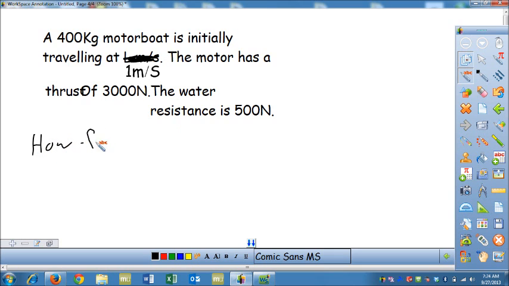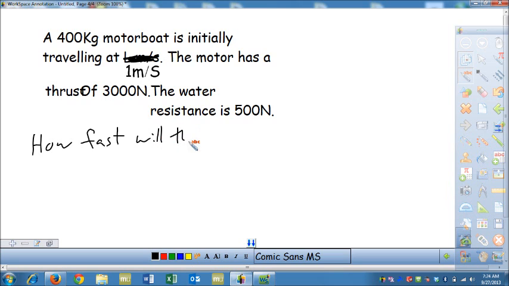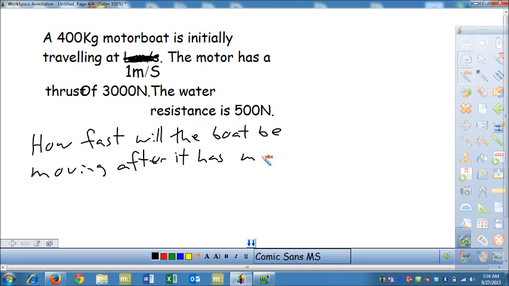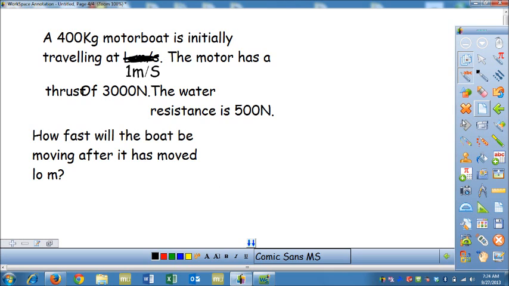How fast will the boat be moving after it has moved 10 meters? See what that looks like. Not bad. How fast will the boat be moving after it has moved 10 meters?